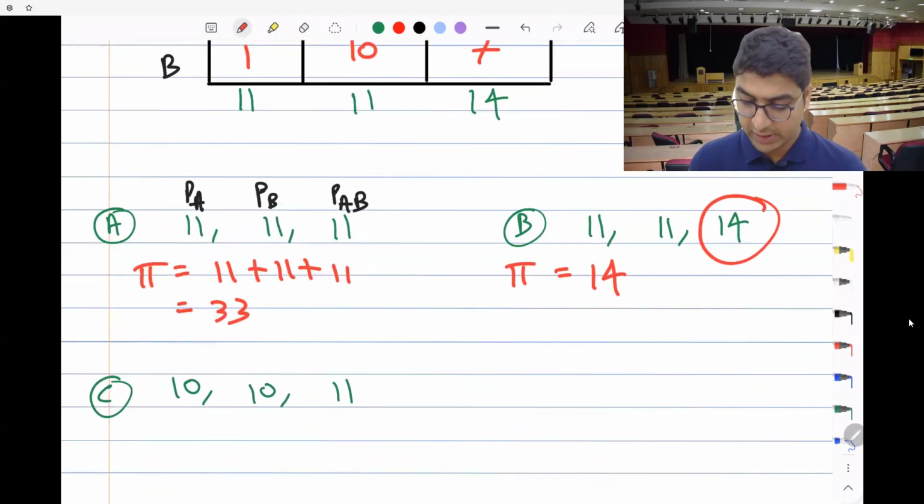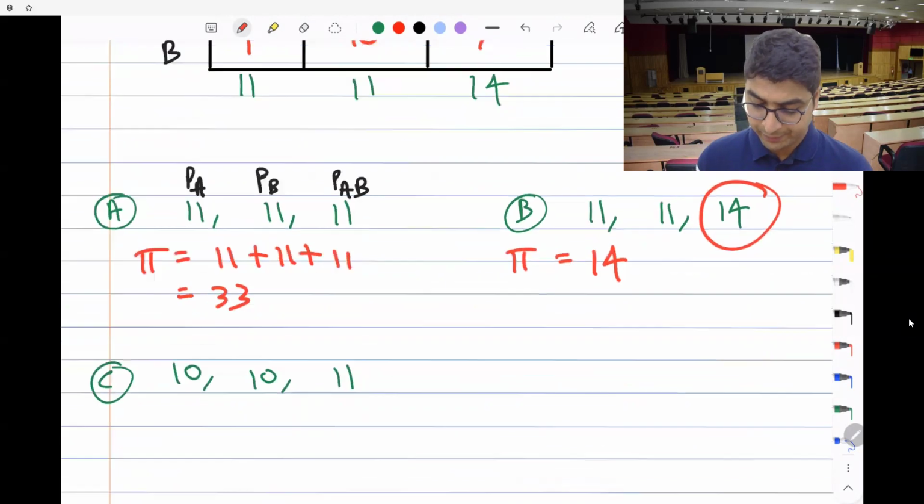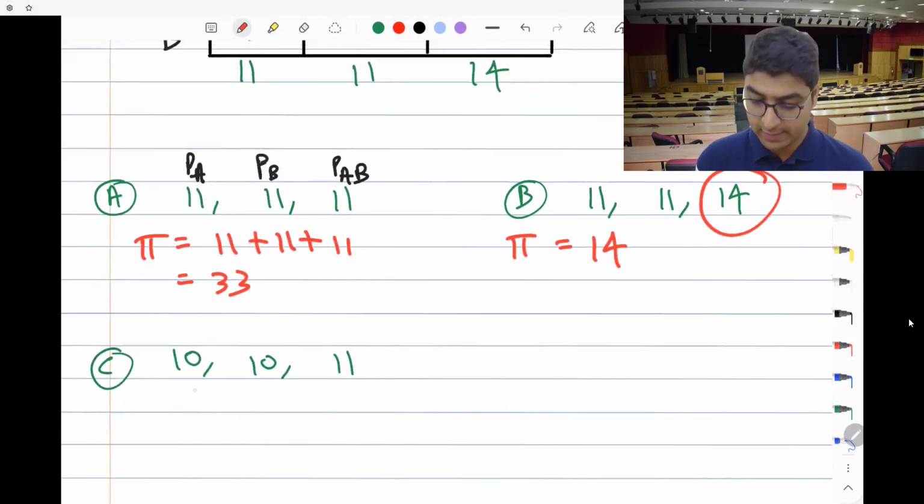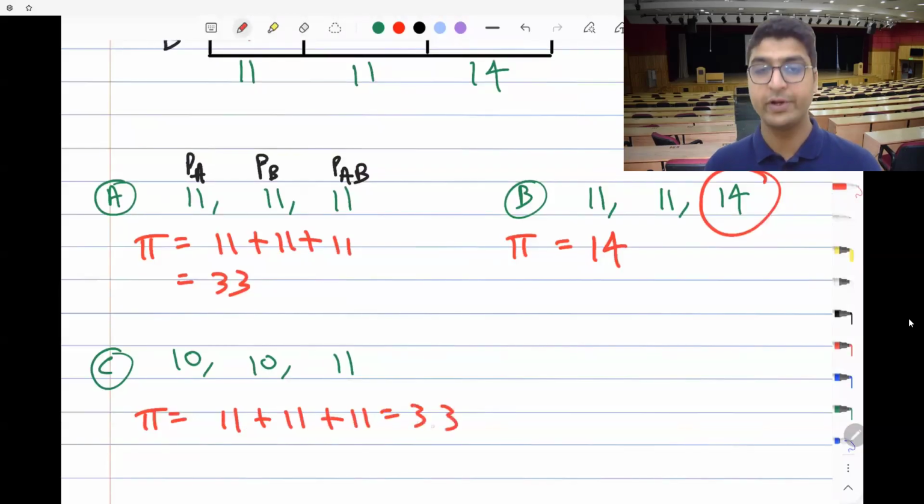Well, in this case, individual 1 can buy good A as well as the bundle. Individual 2 can also buy the bundle. And individual 3 will also be buying the bundle. So that gives the profit of 33.